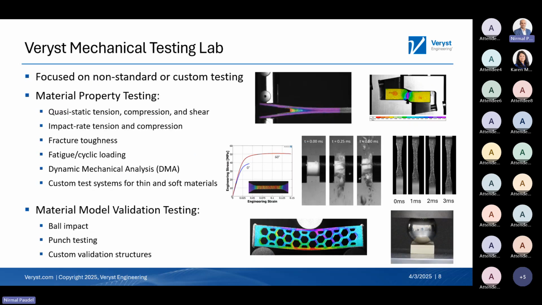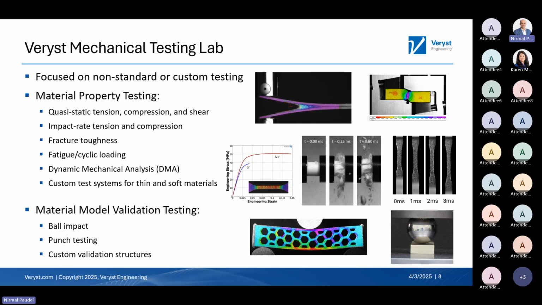On the material testing lab, we focus on non-standard and custom testing. We work with every client to understand what they need to learn from mechanical testing, and we design a customized plan to meet those needs. For clients requiring data to be used in finite element input, we provide the full suite of testing, material model calibration, and FEA services.